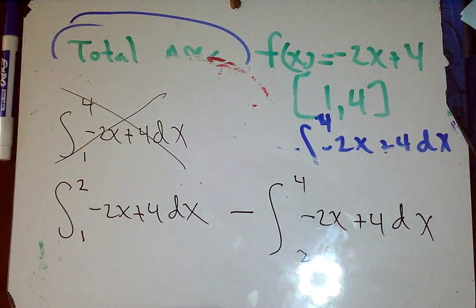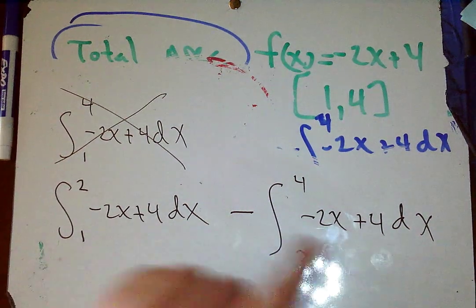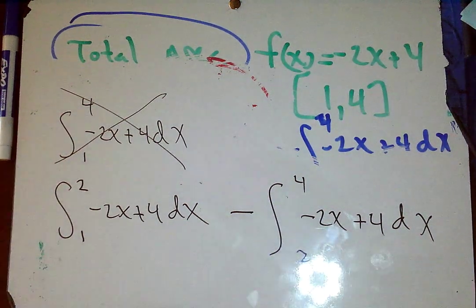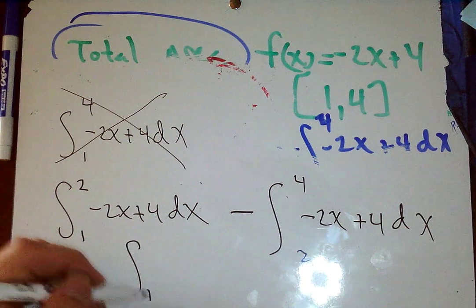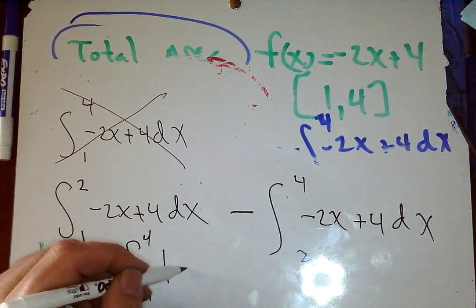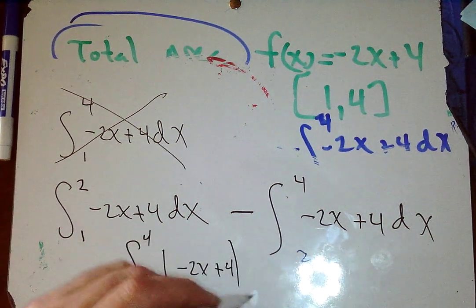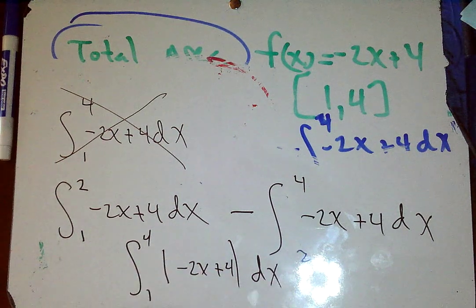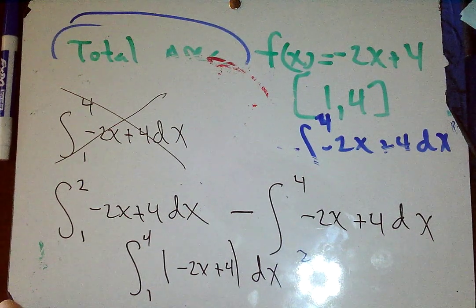So I'm going to have this area below the x-axis plus this area above the x-axis to give me total area. Now, some students, instead of breaking this into 2 integrals, like saying this. Hey, I'm just going to go from 1 to 4, absolute value, -2x plus 4 dx. And yep, that'll work too. You could definitely do it that way. However, when you then come to me and say, how am I supposed to take the absolute value of this? I'll say, I don't know.